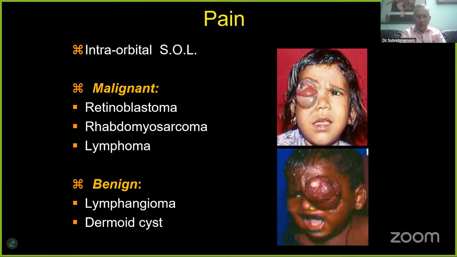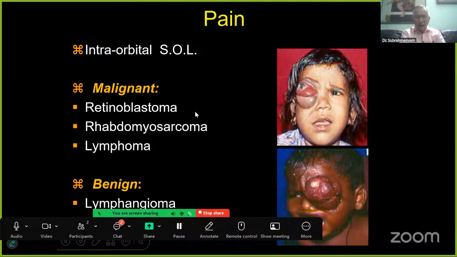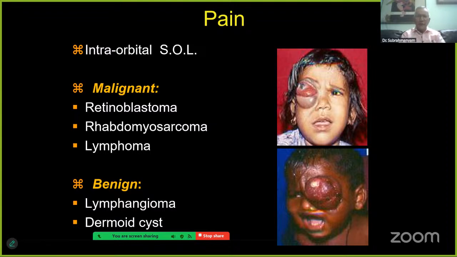Pain could be due to intraorbital space occupying lesions. The malignant ones were retinoblastoma, as you see here with an orbital extension, a case of rhabdomyosarcoma, and lymphoma. Among the benign lesions, it's lymphangioma and dermoid cyst.